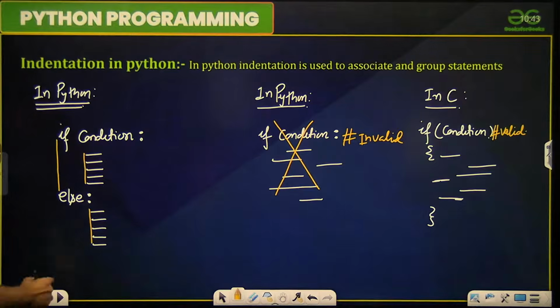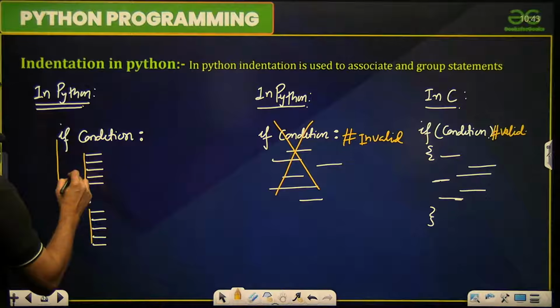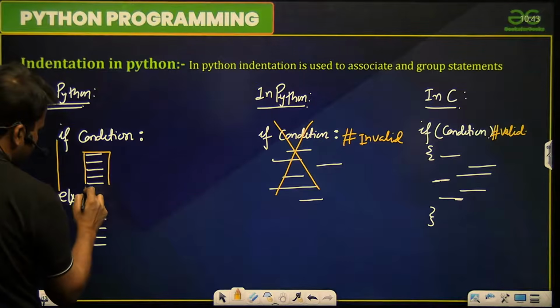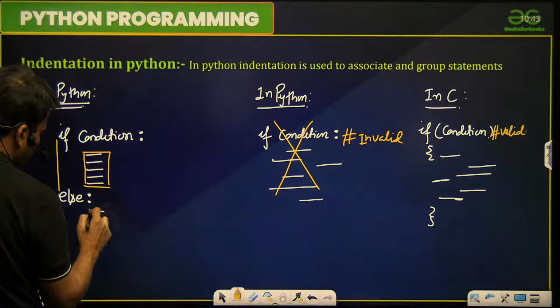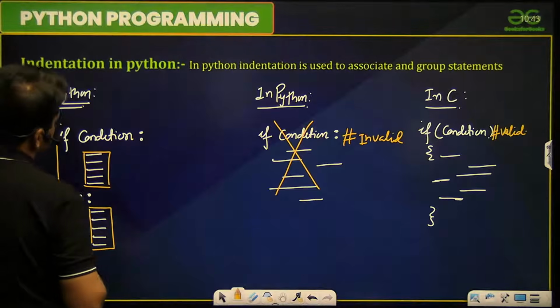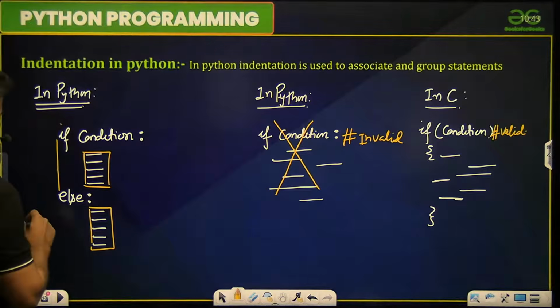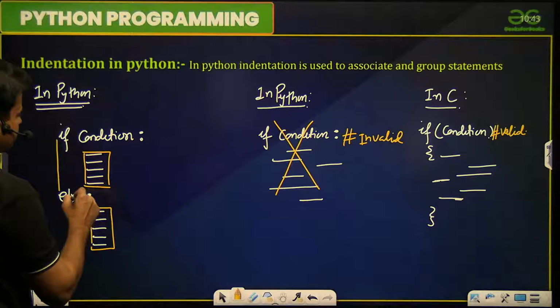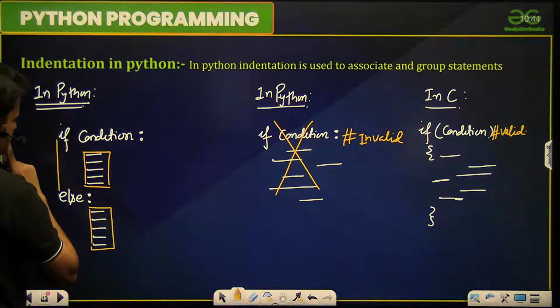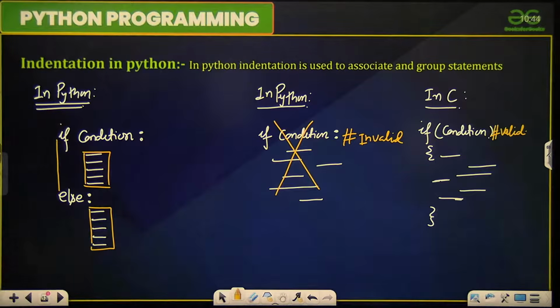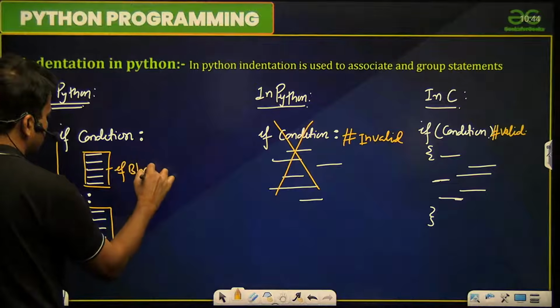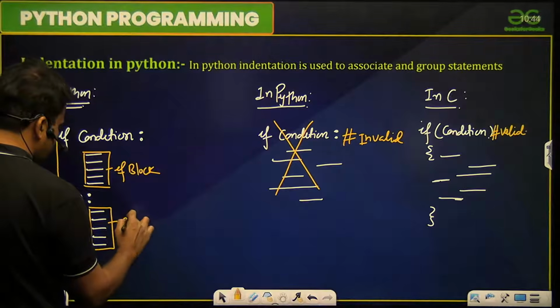So this is the if block, student, and here this is the else block. Understood? This is the if block and this is the else block. So this is correct, student.